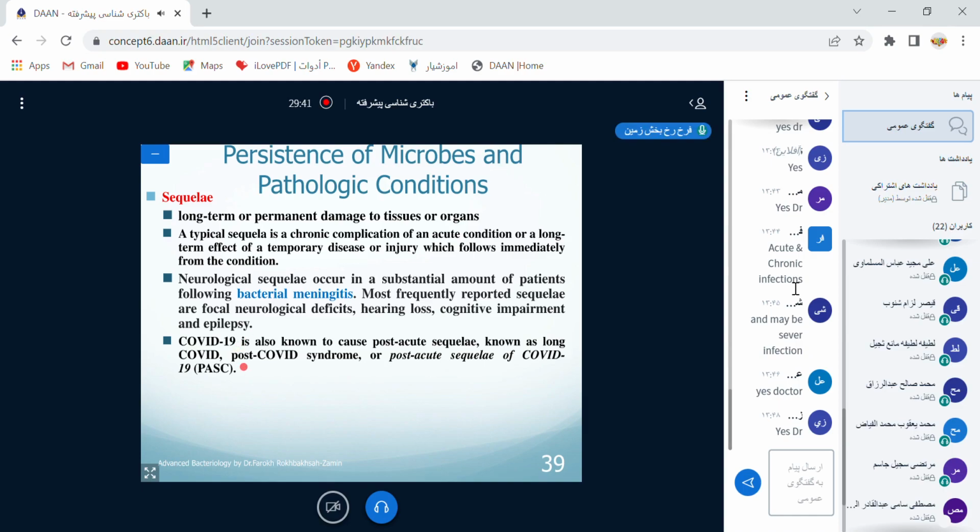Or for example, COVID-19 is also known to cause post-acute sequelae.